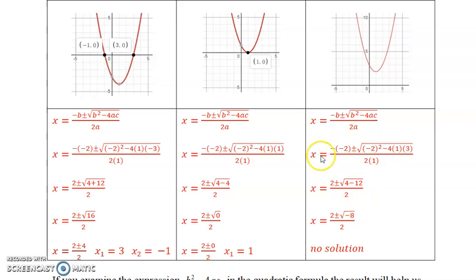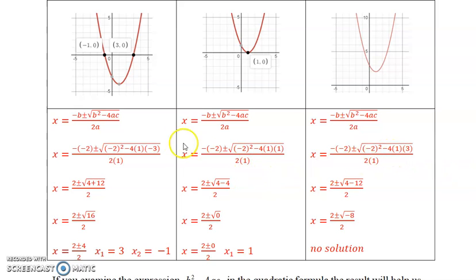When you plug it into the quadratic formula, we have -8, which is no solution. So we have a positive, a 0, and a negative. Positive yields two real solutions, 0 yields one real solution, and a negative means no solution, because you can't take the square root of a negative number, as you guys are aware.